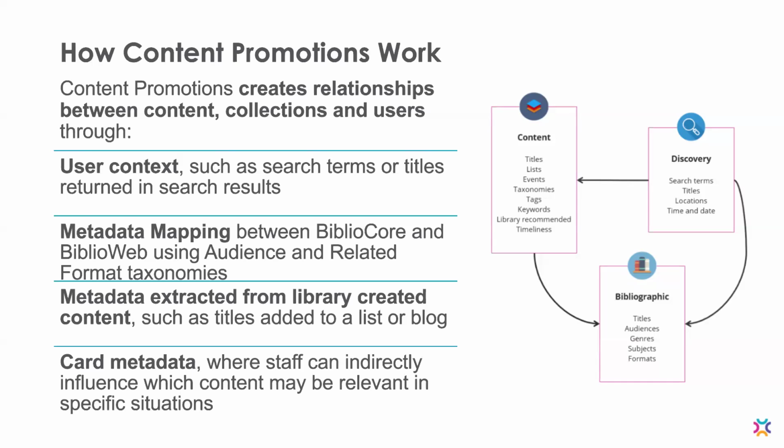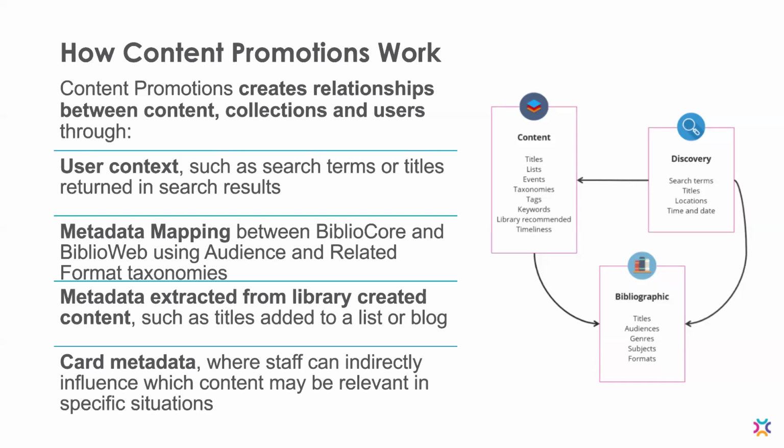We've talked about what it could look like in the future to map genre and related topic or the topic taxonomy. We're not there yet. More of a high level discussion, but we do use audience and related format. So for that reason, when you are building cards, it is really important to apply audience and related format if it's applicable to the card.